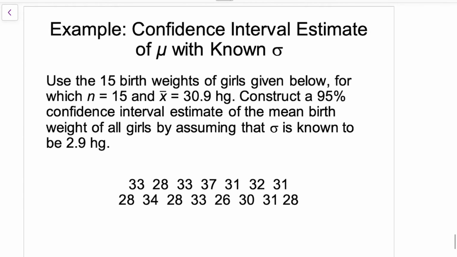So if we look at an example like we had previously, the one thing that will change is we have our 15 birth weights, but we'll assume that sigma, our population standard deviation, is 2.9. What this will change is we no longer have to compute that t of alpha over 2. We're going to get exactly the z sub alpha over 2, which for a 95% confidence interval we just found was 1.96.